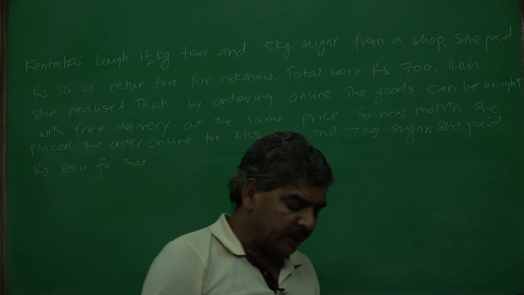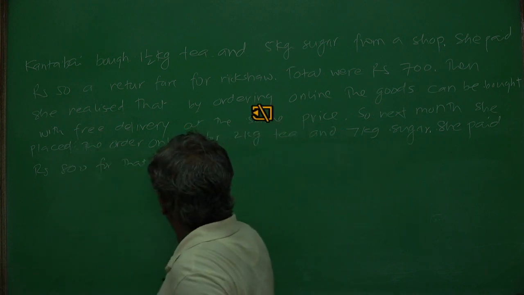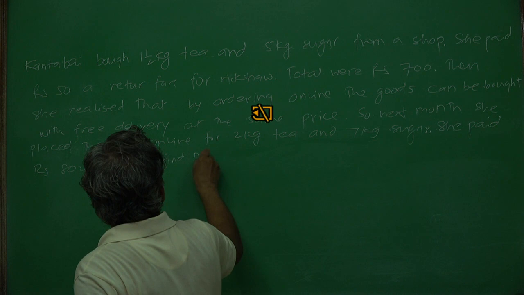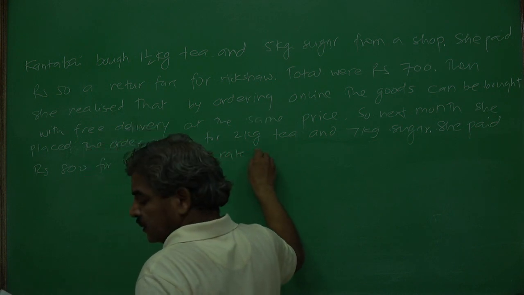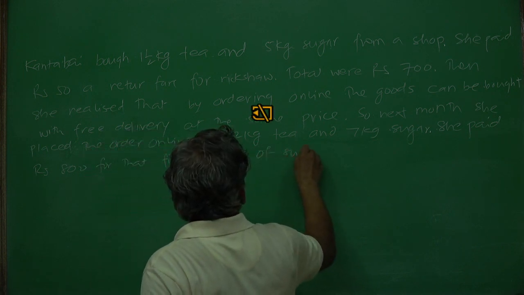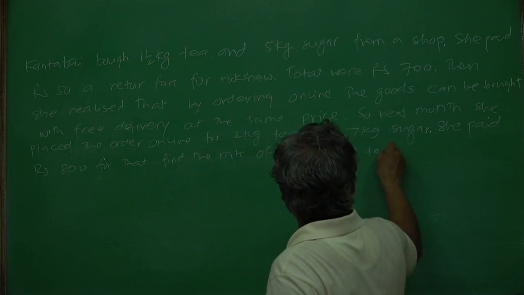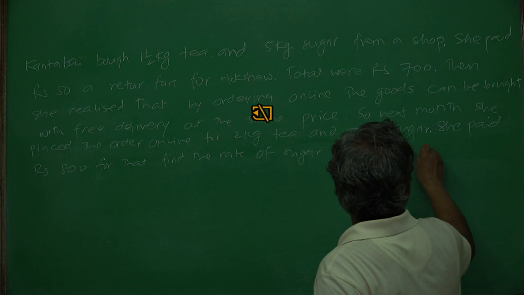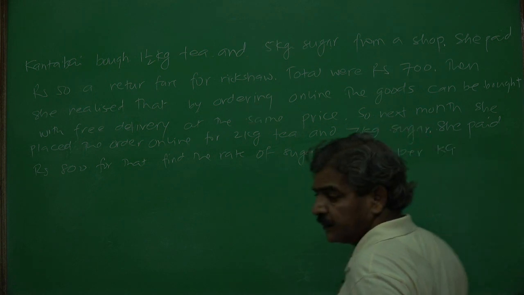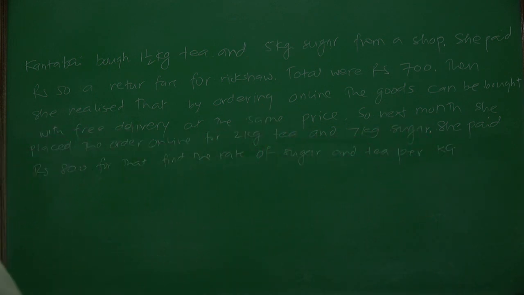Find the rate of sugar and tea per kg. Read the question again and again.